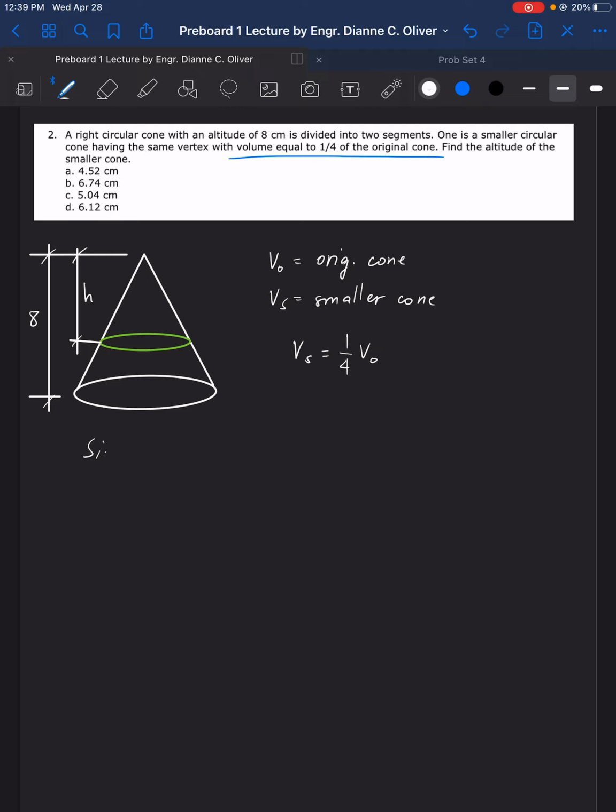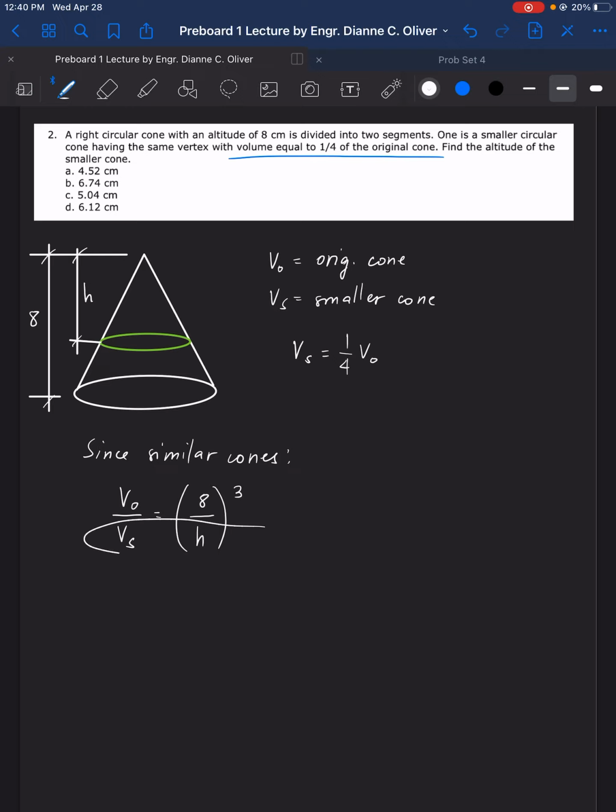Since we're dealing with similar cones, and we're talking about volumes, let's compare the volumes. V sub O over V sub S is equal to the altitudes, 8 and H for the smaller, raised to the power of 3.